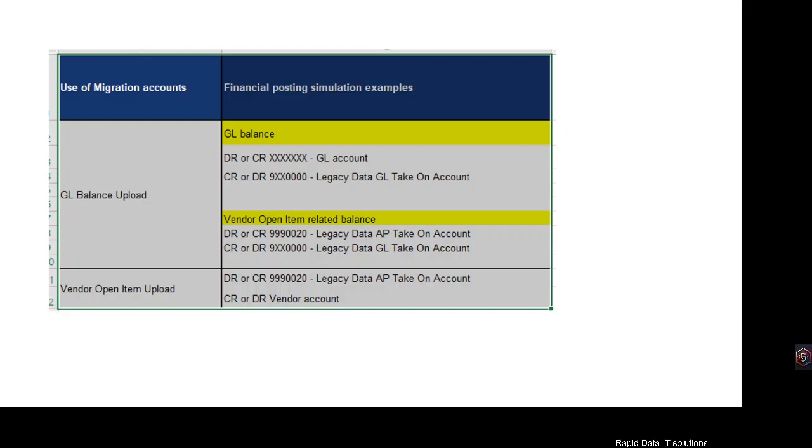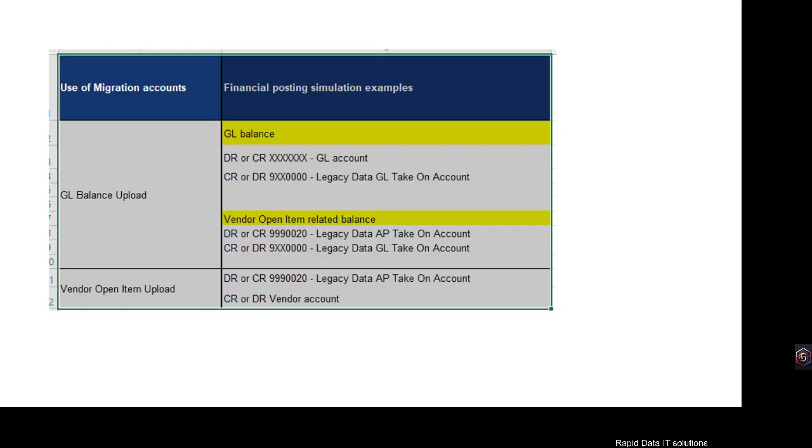Basically, the way we migrate GL balance, we have the GL accounts identified for the migration, basically all the balance sheets and the P&Ls. We spoke about how we have the opening balance for the balance sheets, and the periodic movements for the P&Ls and balance sheets, in the last video, the ledger and subledger migration overview. Please watch that.